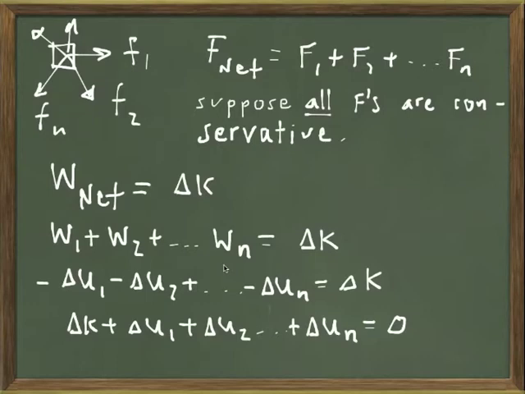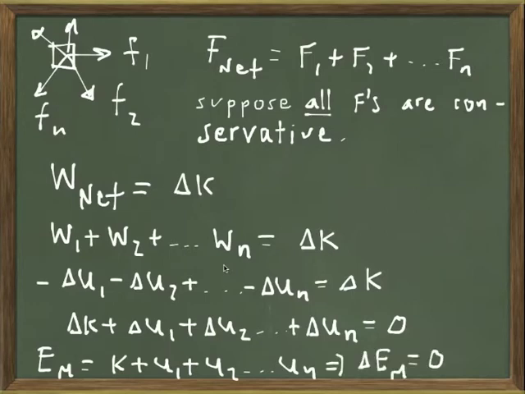That equation implies that energy is conserved. If we call the energy of the object kinetic plus all of the potential energies, that's the mechanical energy, kinetic plus potentials. What this equation is saying is that if all the forces are conservative, your change in mechanical energy will be 0. That's what it says. Your change in mechanical energy will be 0 if all of the forces are conservative.